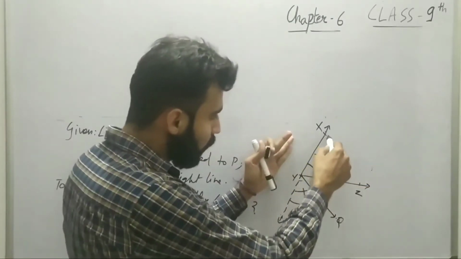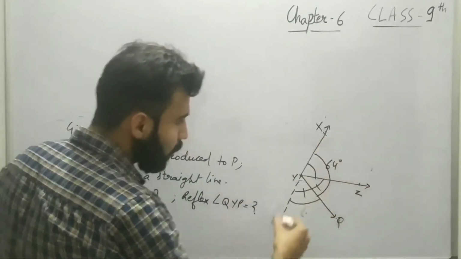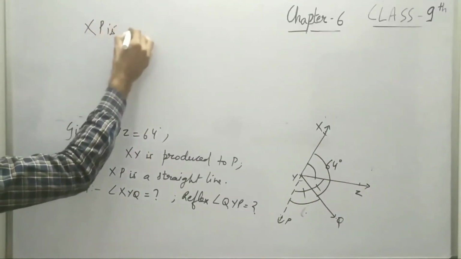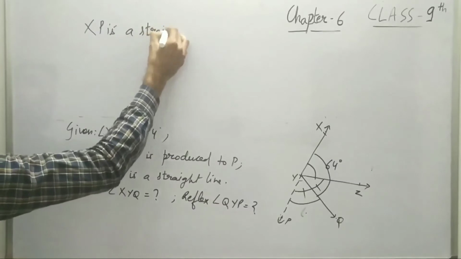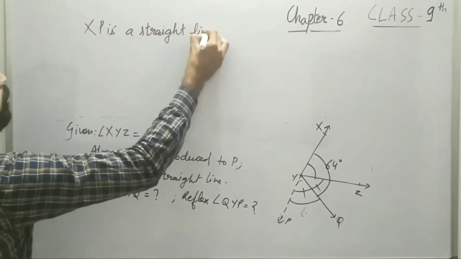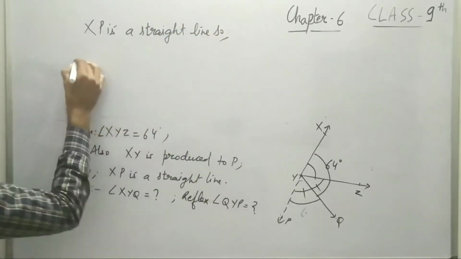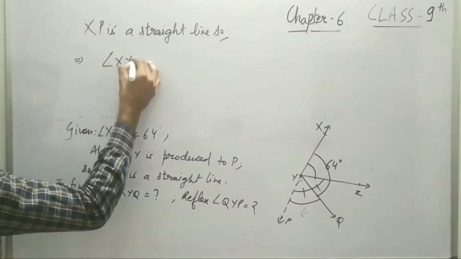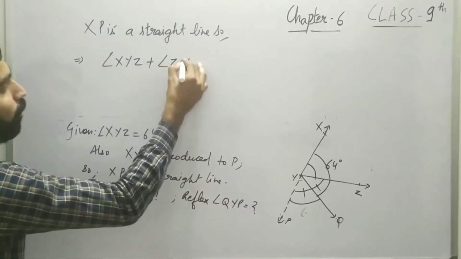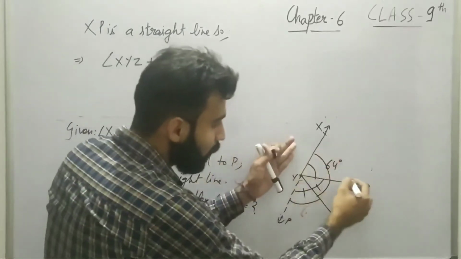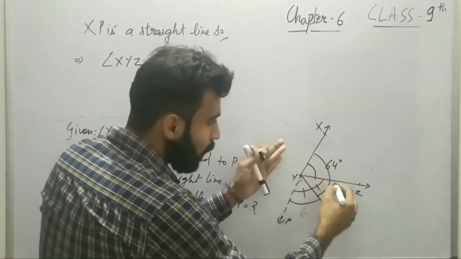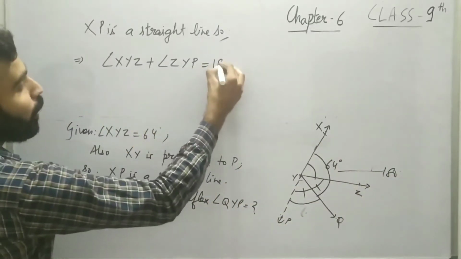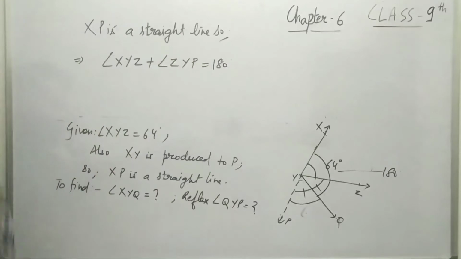So I can write here that this complete line XP is a straight line. So we can write angle XYZ plus angle ZYP. The whole is making a total angle of 180 degrees, a straight line, right? So it is equal to 180 degrees because XP is a straight line.